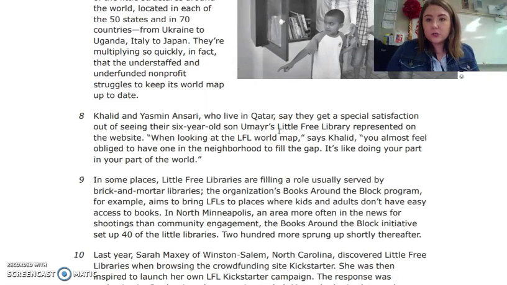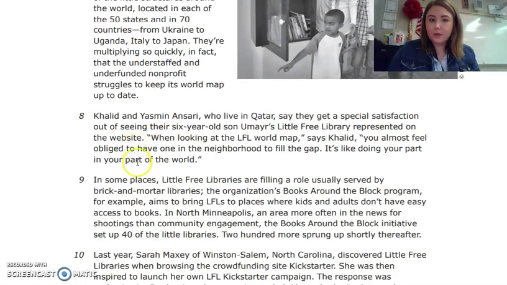So using research and using the internet, I would probably search up where Qatar is. I know that Qatar is off of the coast of Saudi Arabia, kind of over in the Middle East. And a lot of my students, since they are in World Geography, they should kind of know where Qatar is. But that would be a moment where I would use my research skills and kind of figure out where that's located.